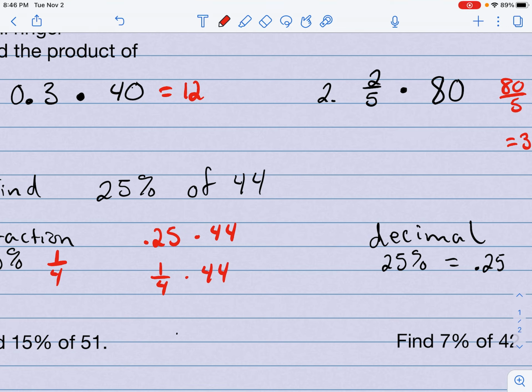If we times by 1/4, it's the same as dividing by 4. So that's going to equal 11. 44 divided by 4 is 11. Or if you break up 44 into 4 groups, you're going to get 11 in each group. Or 25% of 44 is 11.